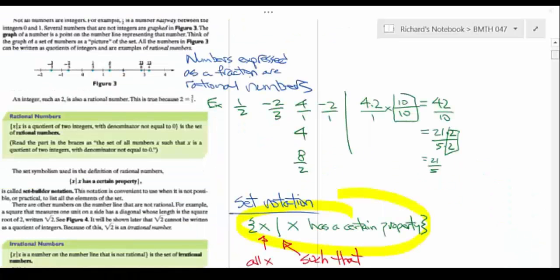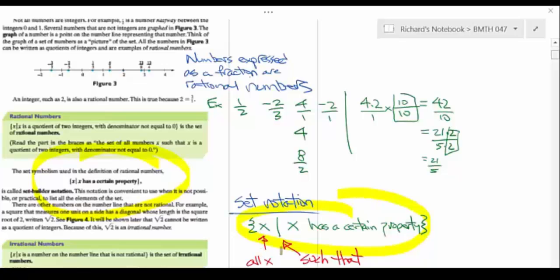A concept that people have problems with is set notation. In your notes, there is this code that I'm going to explain. Notice you've got a curly bracket on the left, then an X, then a vertical line, and then a statement that X has a certain property. Starting with the X, which comes right after the curly bracket, the way you read this is "all X."